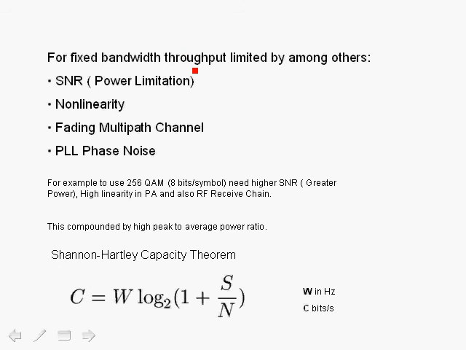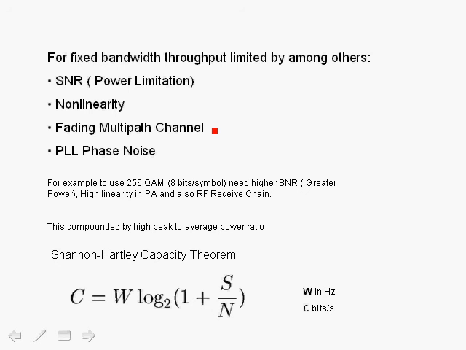Now there's a limit to the throughput we can achieve through a channel, because every channel is power limited, which means you have a restriction on the signal to noise ratio. You have nonlinearity in the channel due to the power amplifier in the transmitter and nonlinearities in the receiver. We have to deal with fading multipath channels, which create numerous problems.